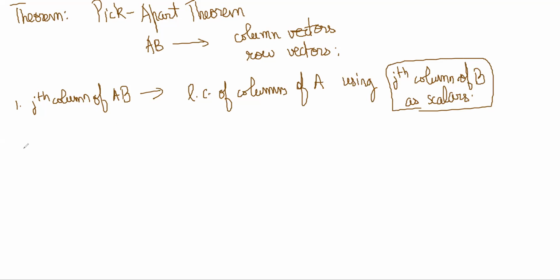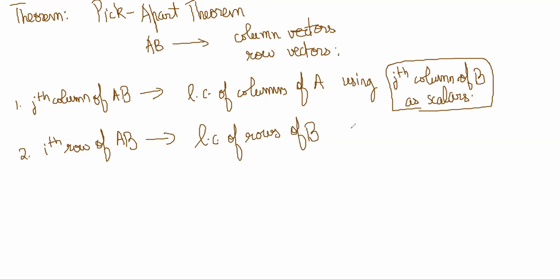Understand? Yes, sir. And the second version of it is: the ith row of AB is a linear combination of rows of B, using the ith row of A as scalars. So don't erase it. Yeah.